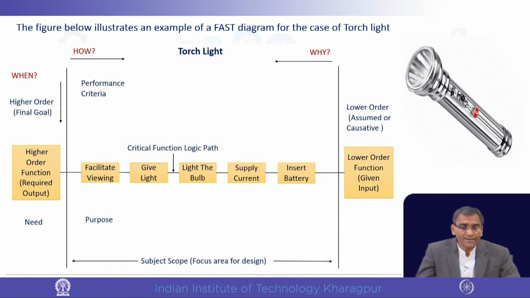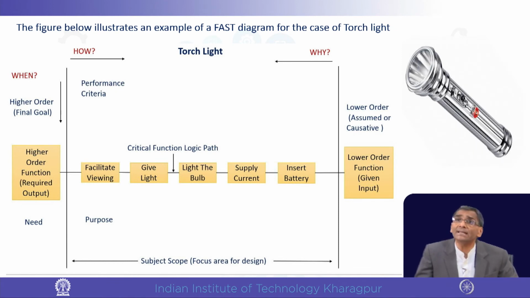So, what is it doing? Facilitate viewing, right. So, how is the facilitated viewing happening? I am questioning how the facilitated viewing is happening. It is happening because it is giving light. How is it giving light? Then there is a bulb which is illuminated or lit, and then it is giving light.